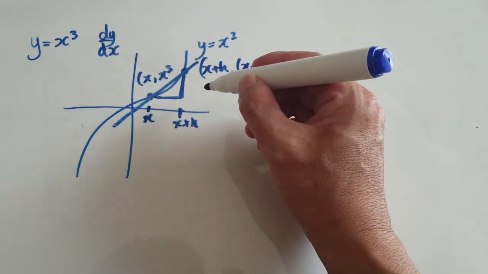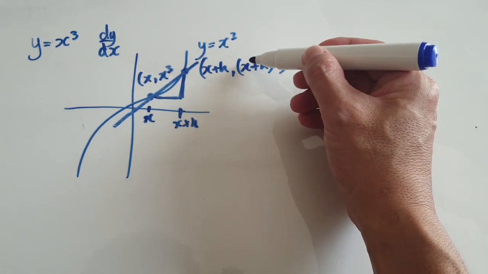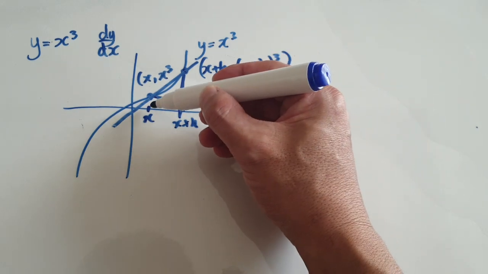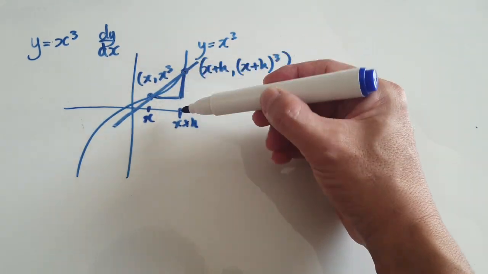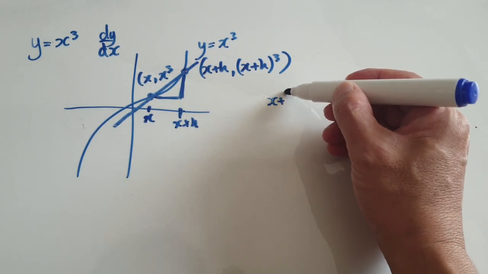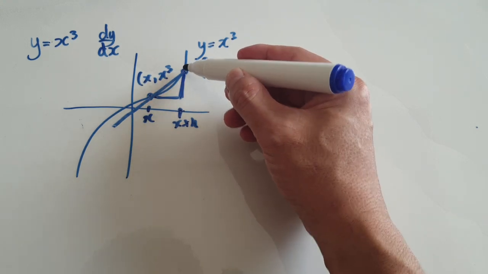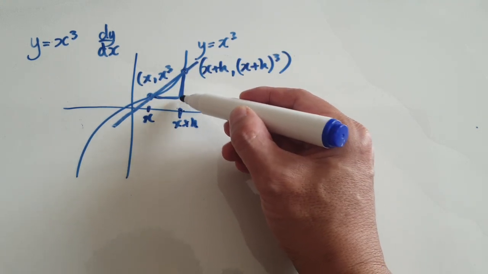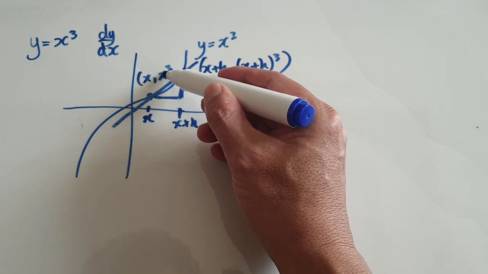The height would be from here to here, which will be this thing here, take away from here to here. So this height here would be me getting this whole height, which will be x plus h all to the power 3. That would mean I would jump to here, and then I would need to take away this gap here. This gap here is x to the power 3.